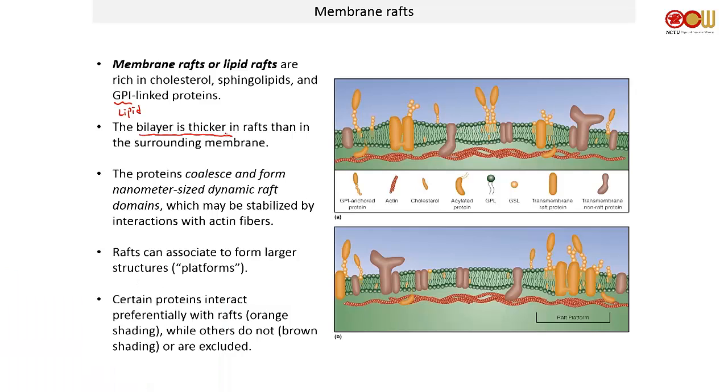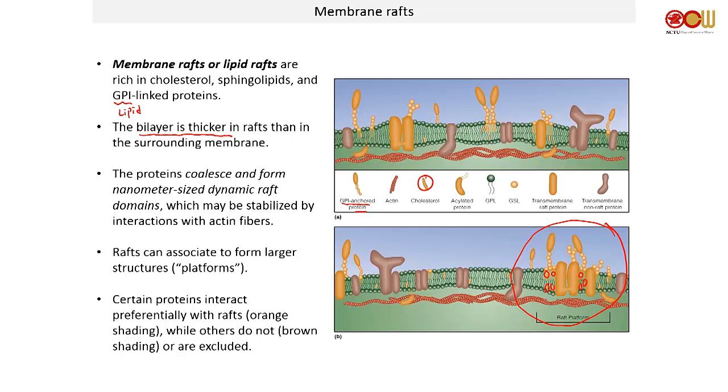So let's see, where is the lipid raft? Okay, this is a lipid raft. What you see is that it has a lot of these GPI anchor proteins, and it's going to have a lot of cholesterol. Cholesterol is these little thingies right here. They aggregate together, and they form these nanometer-size dynamic raft domains.